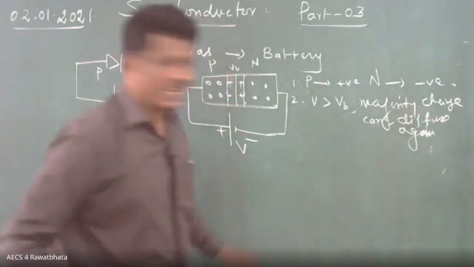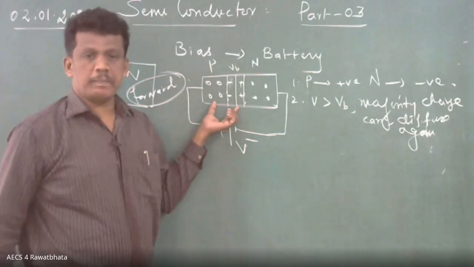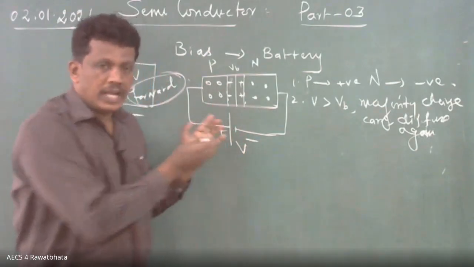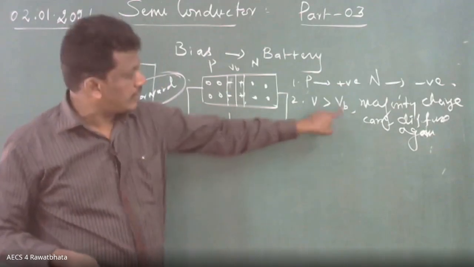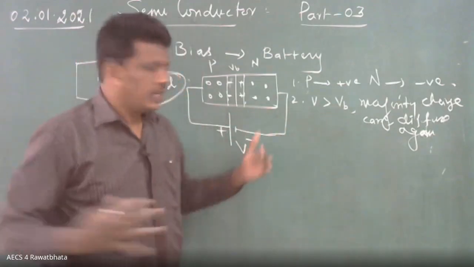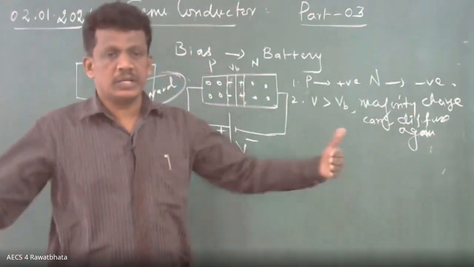Previously it stopped. Why? Equilibrium. Now externally you are applying the battery, so the battery potential difference is greater than the barrier potential. So automatically the majority charge carriers start moving, diffusing.